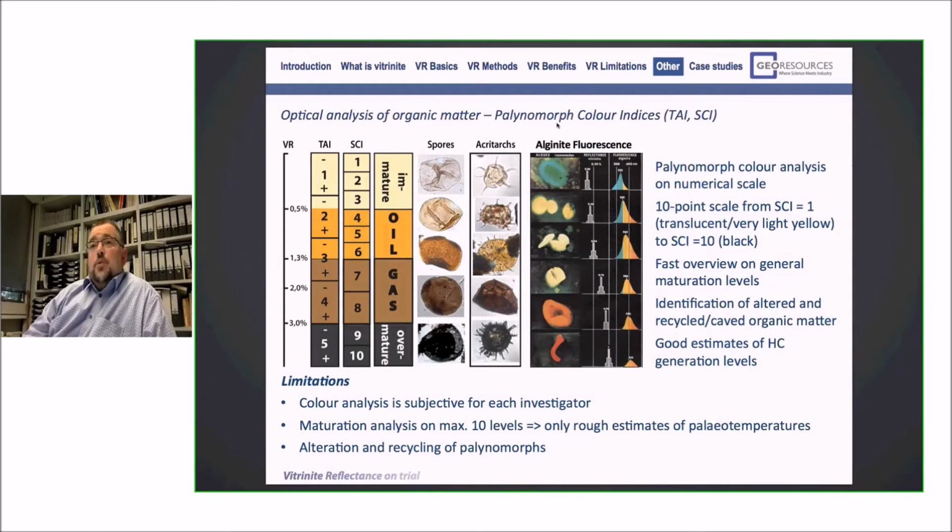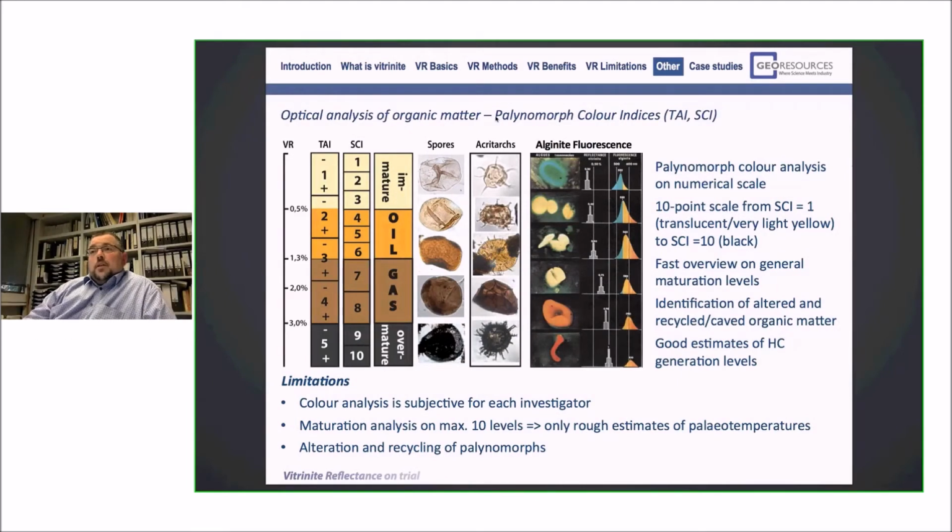Another method you can use is the optical analysis of organic matter in palynomorph color indices. So we see here vitrinite reflectance, and these are the two major systems that are used for color analysis: the thermal alteration index, the older system, and the spore color index, the newer system.